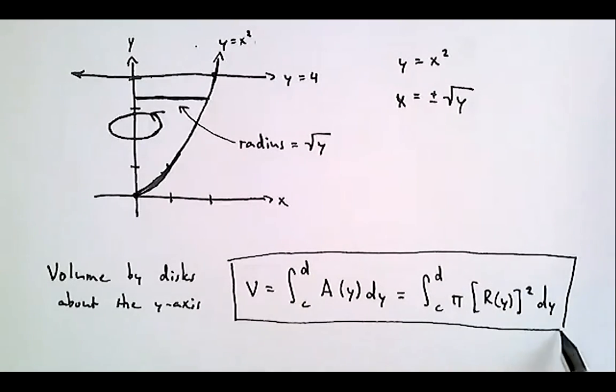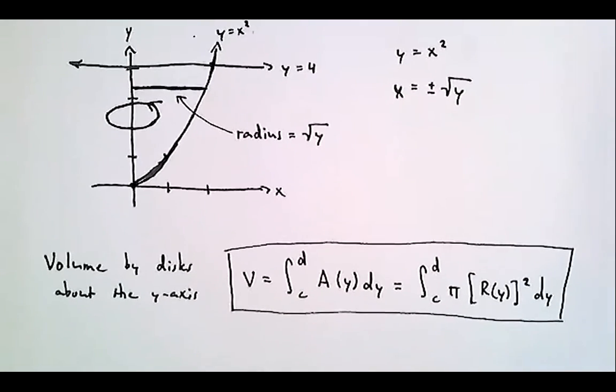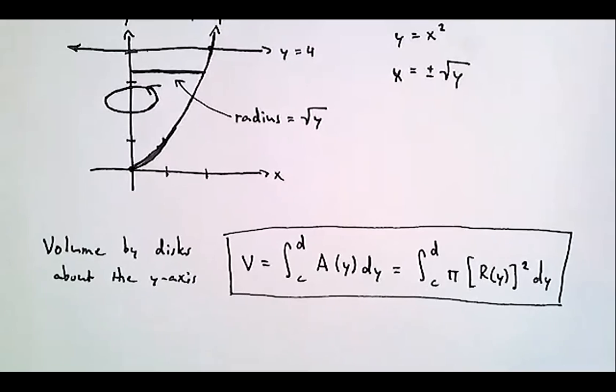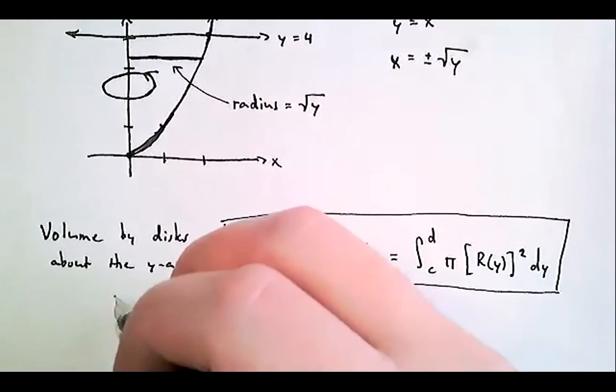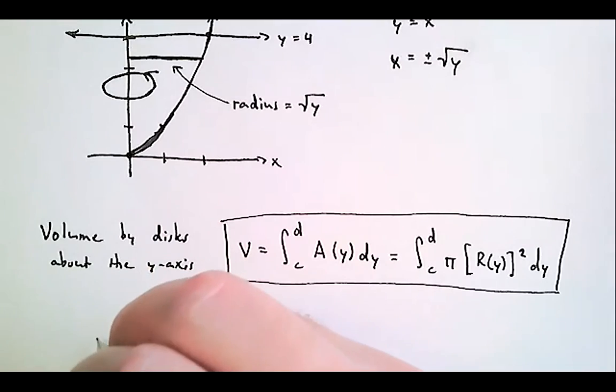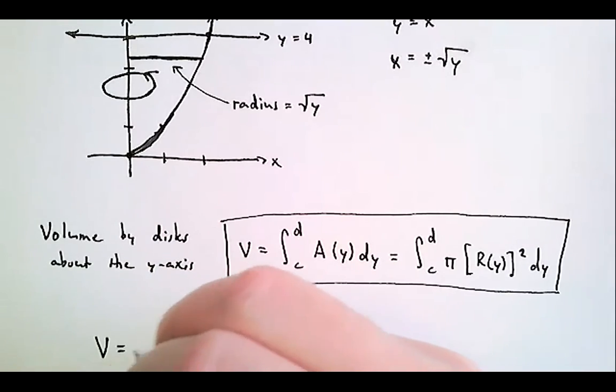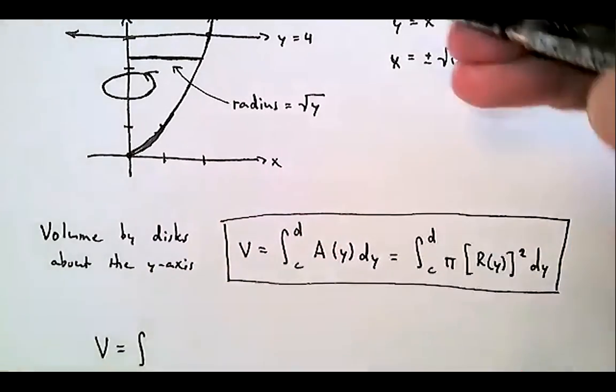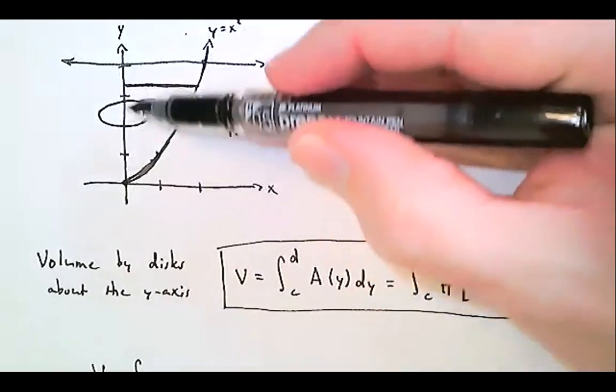Otherwise, this is exactly the same once we get to the math. I think since I'm a minute over, I'll set up the integral and then let you guys finish it off. We can read off the limits of integration.